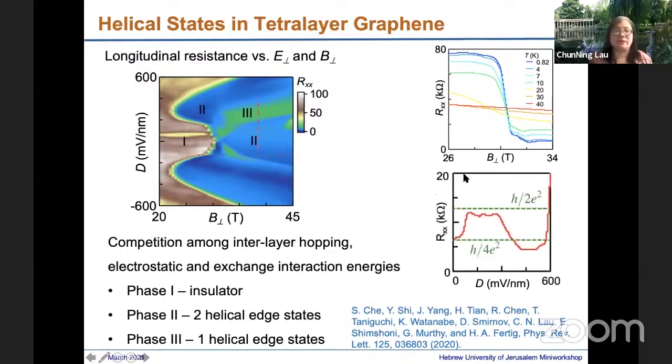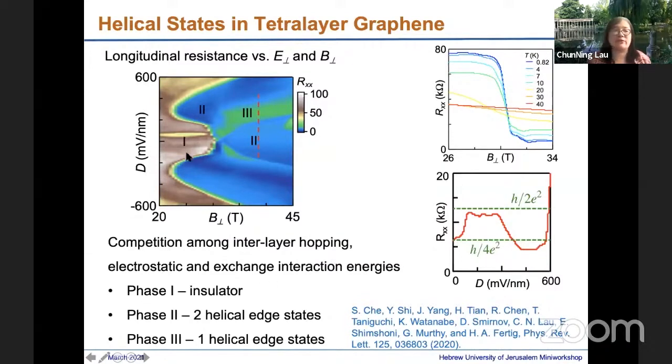And if we take a line cut vertically here, we're seeing that we have resistance, again longitudinal resistance, quantized close to h/4e² and h/2e². To make a long story short, we have a competition between interlayer hopping, electrostatic energy, and the exchange interaction energies.